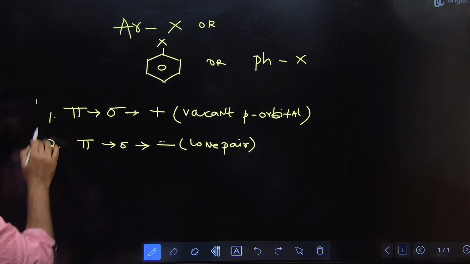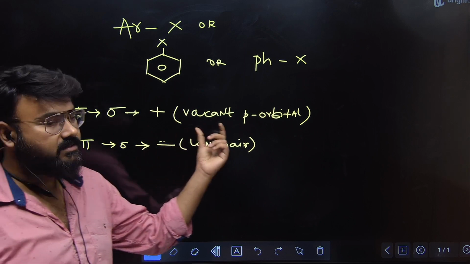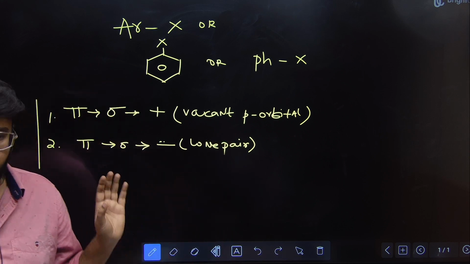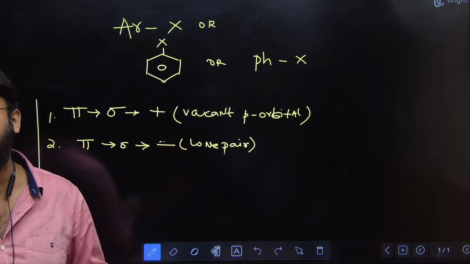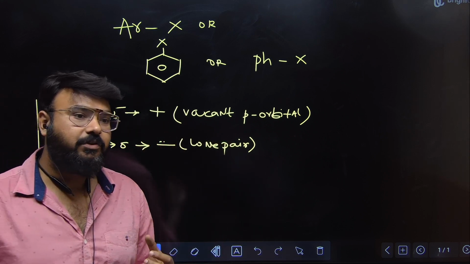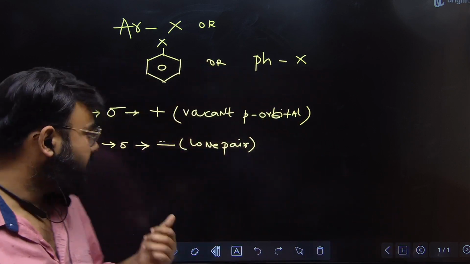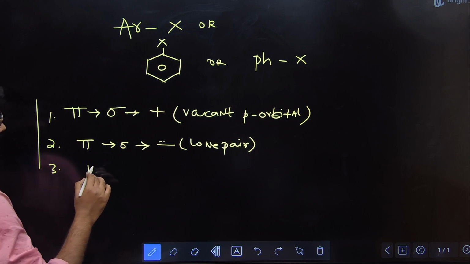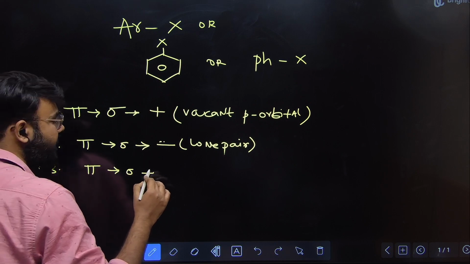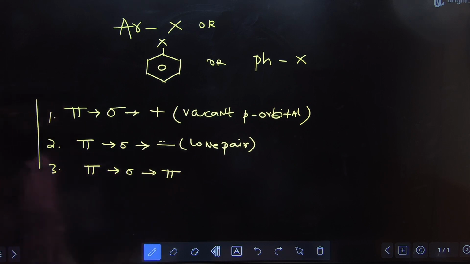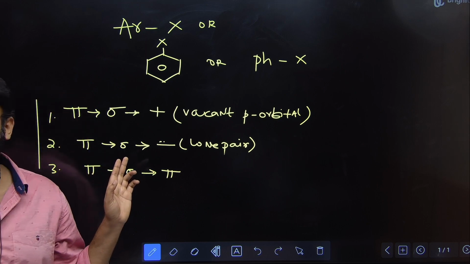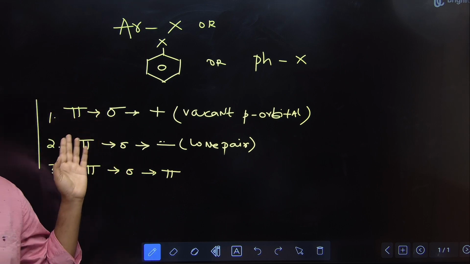So there are two more, but as of now, you need to focus only on these two. You can take one more, that is pi, sigma, pi.